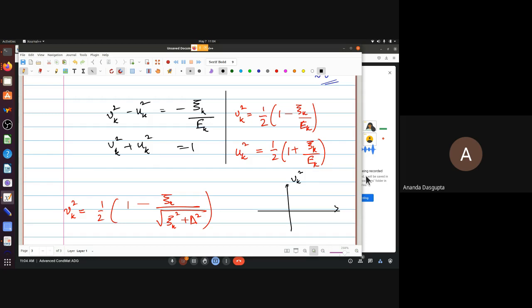Note that when xi k is very large negative or very large positive, okay, when xi k is 0, what happens? When xi k is 0, this is just half. And when xi k is very large positive, what happens to this quantity?